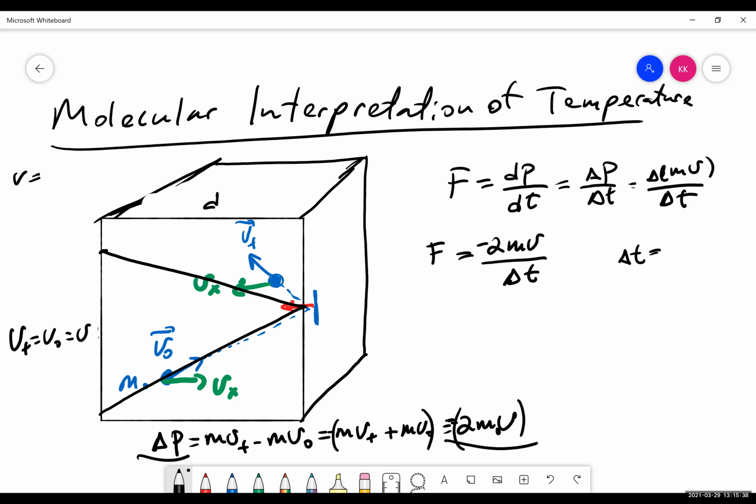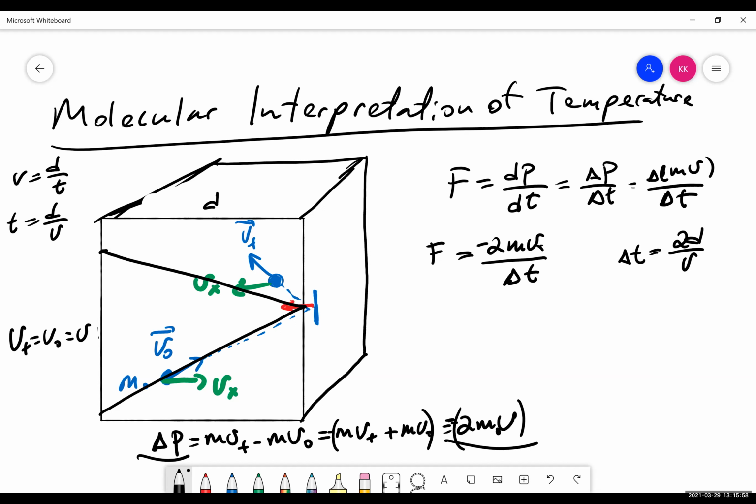So v is equal to distance over time, and rearranging, time is equal to distance over v. My distance here is 2d, 1d and then a second d, back and forth until it collides. So 2d divided by velocity.